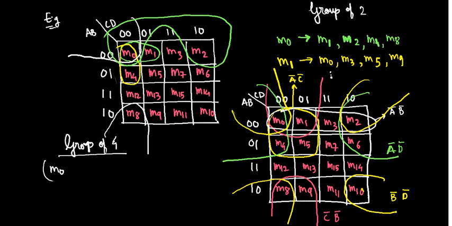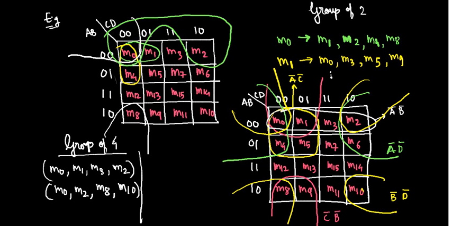M0, M1, M3 and M2. Another possibility is this, M0, M2, M8, M10. Third, M0, 1, 4, 5.